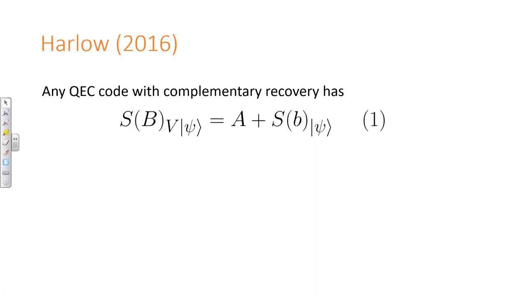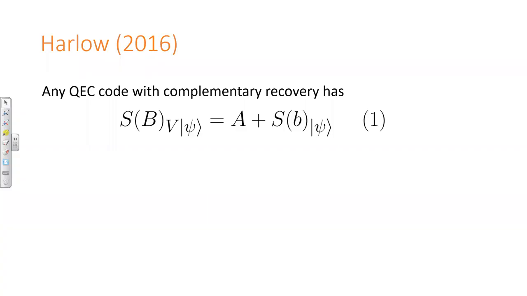Okay, so there was a beautiful paper by Harlow in 2016, where basically the summary of what he said is that this may seem like it's something about gravity, but we can actually just forget about gravity and consider an arbitrary quantum error correcting code, where, in a precise sense that he defined, we have two logical subsystems, little b and little b bar, and we assume that anything in little b is encoded in some physical subsystem big B, and similarly anything in little b bar is encoded in some physical subsystem big B bar.